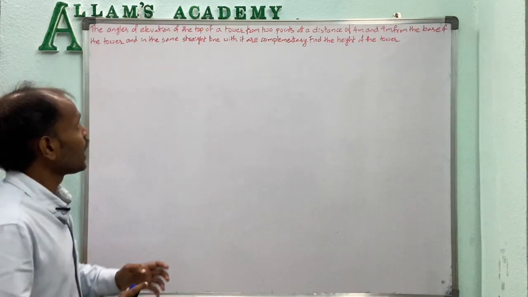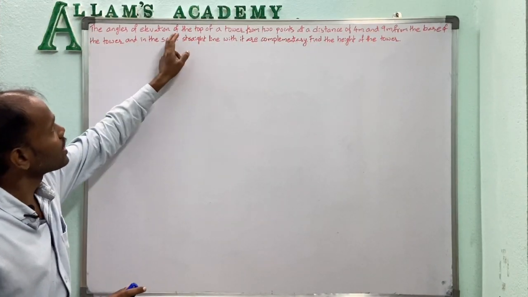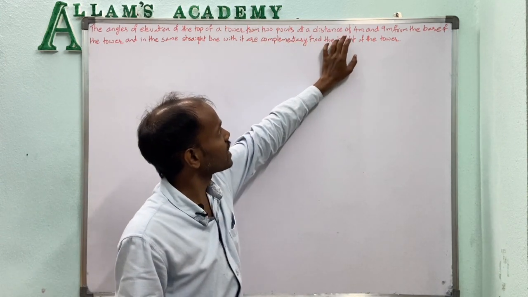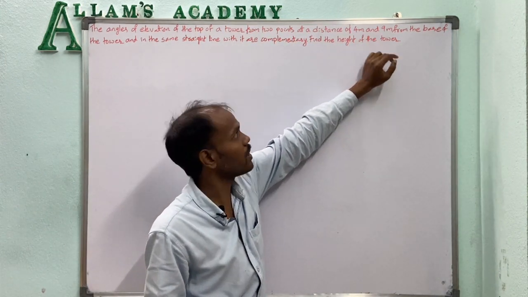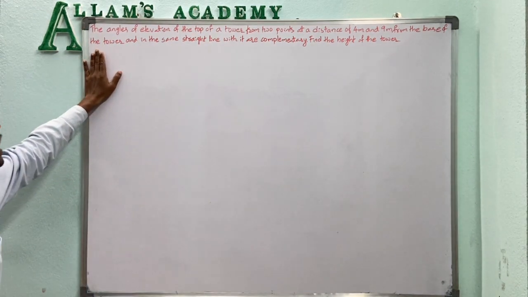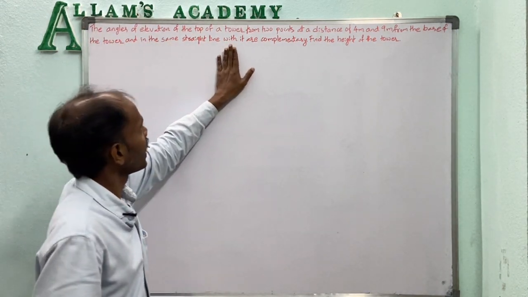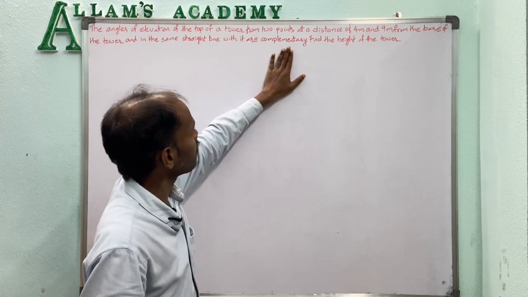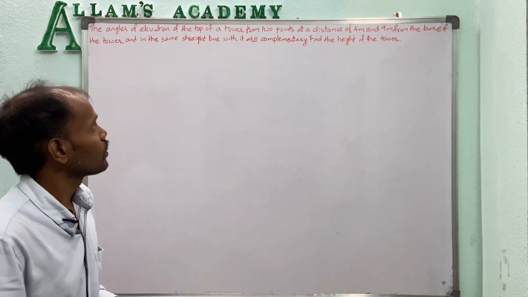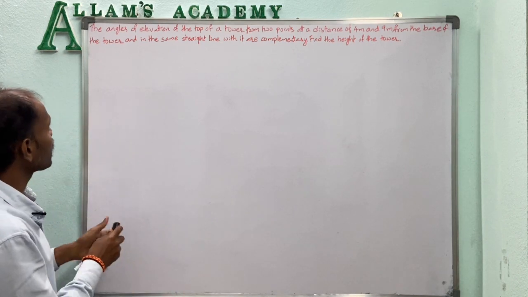The angles of elevation of the top of the tower from 2 points at a distance of 4 meters and 9 meters from the base of the tower and in the same straight line with it are complementary. Find the height of the tower. So here a tower is given.